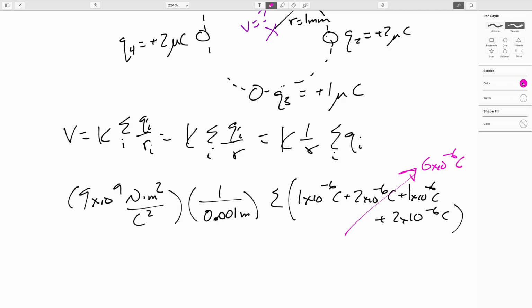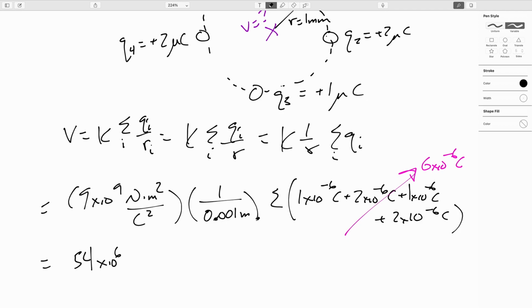All right. Now let's see, 6 times 9 is 54. So now we're just left with dealing with powers of 10. So this is 9 plus negative 6 is plus 3, minus negative 3 is plus 6. This is 54 times 10 to the 6.